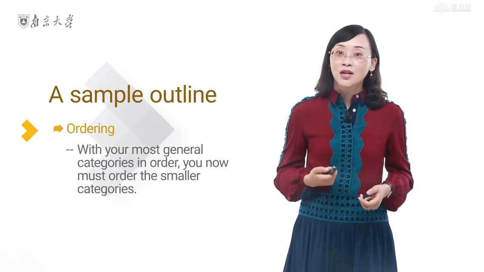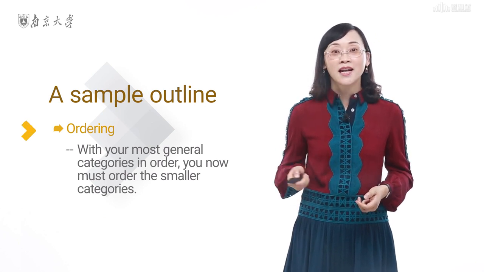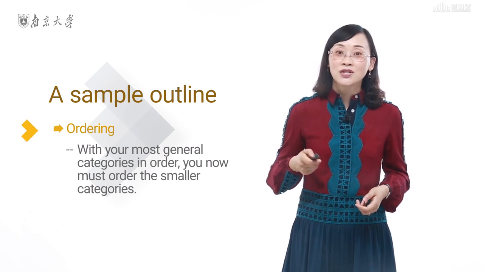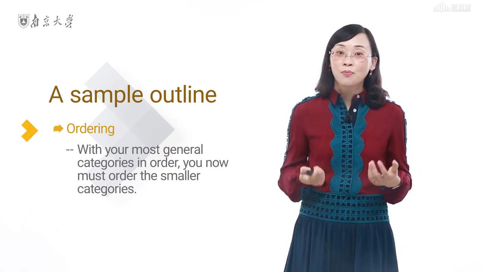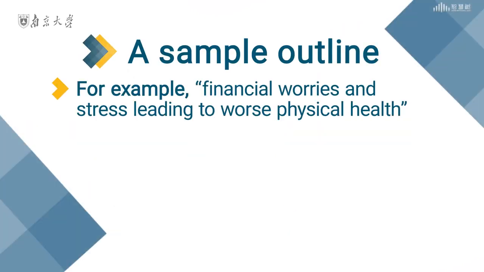With your most general categories in order, you now must order the smaller categories. To do so, arrange each smaller category into a sentence or two that will support the more general sentence you've just devised. For example, under the category of financial worries and stress leading to worse physical health, you have 2 supporting points as evidence.